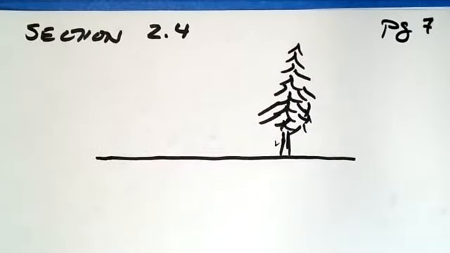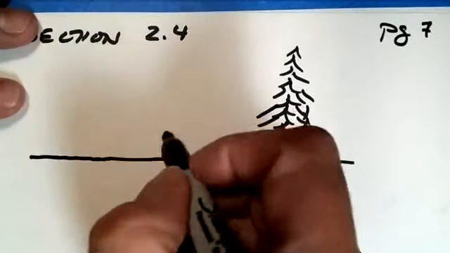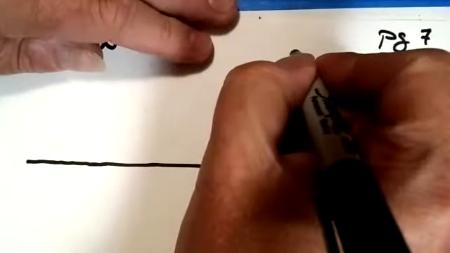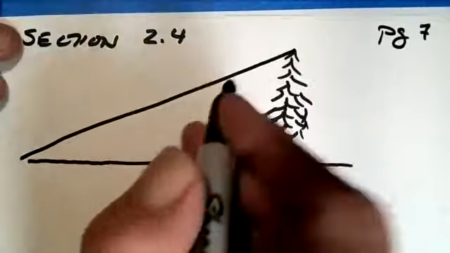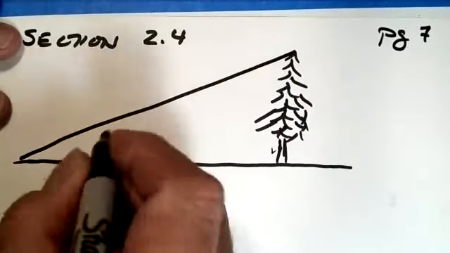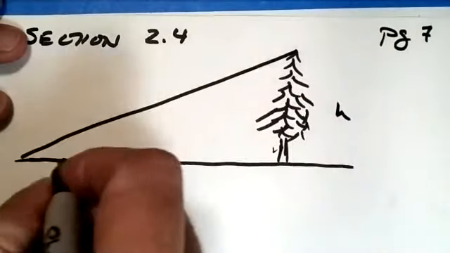But what you could do is stand out here some distance away, unknown distance, in fact, and measure an angle to the top of the tree. Let's say that you're interested in the height above ground, so we'll call that h.